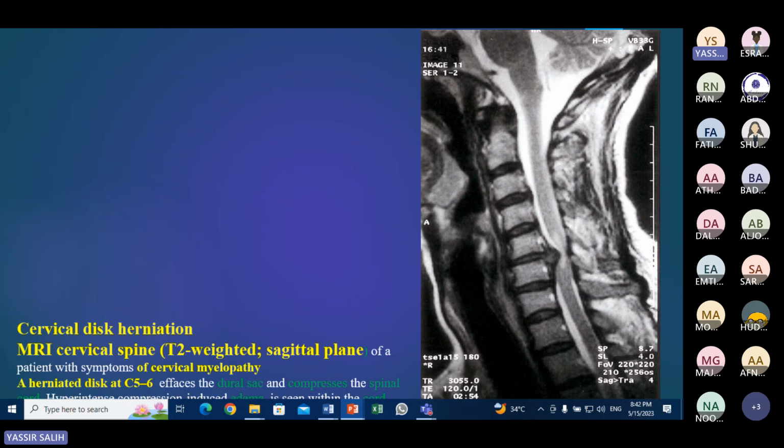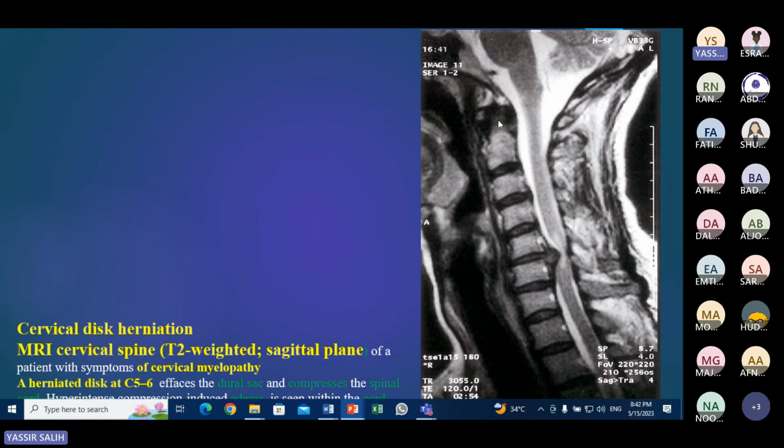What abnormality do you see? Disc herniation. Yes. At which level? Cervical, I mean at which vertebral level? C5 C6. Yes.